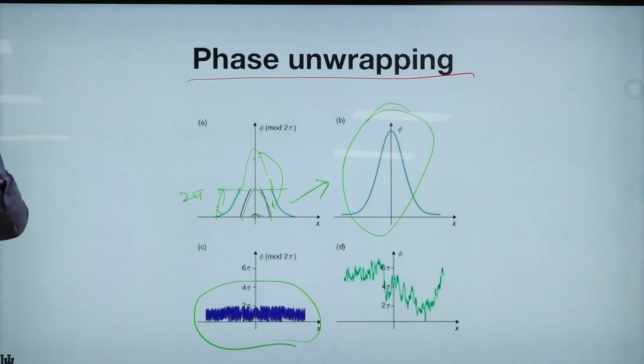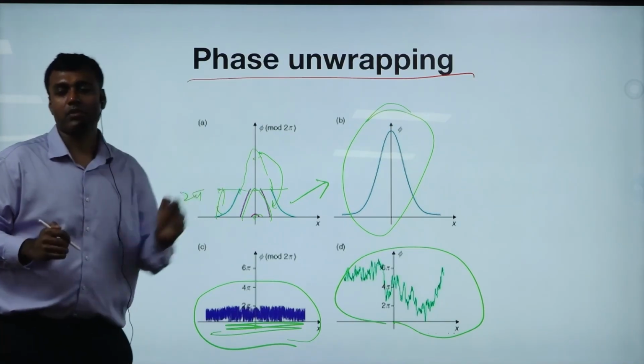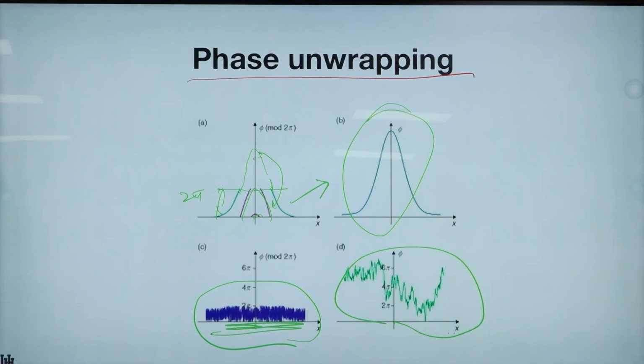Did the phase go from 30 to 31 degrees, or did it go from 30 to 361 degrees? You just don't know if it really made a big jump, or was it a small jump. So there is ambiguity of some sort. The real data could be like this, but there is some inherent ambiguity because of this phase unwrapping problem. So that is one of the limitations of this kind of approach.